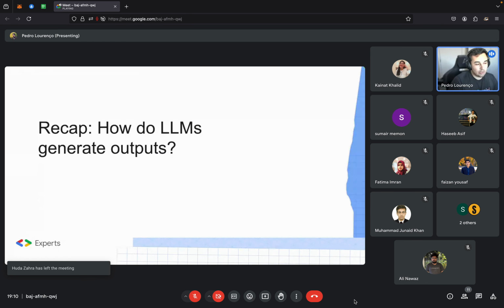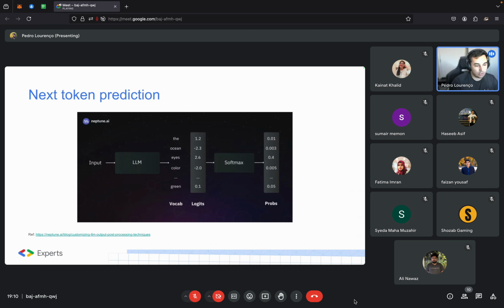So how do large language models generate outputs? The first thing we need to remember is that large language models are nothing more than next token predictors. What I mean by this is that you have your input, you pass this input through the large language model, and the model will output a vector of logits for you.